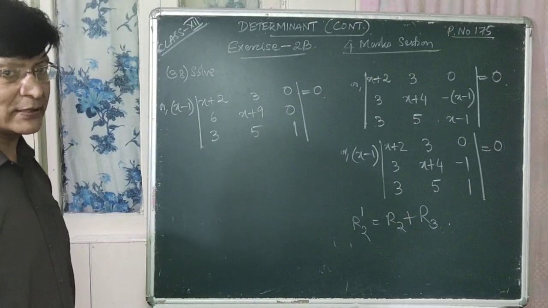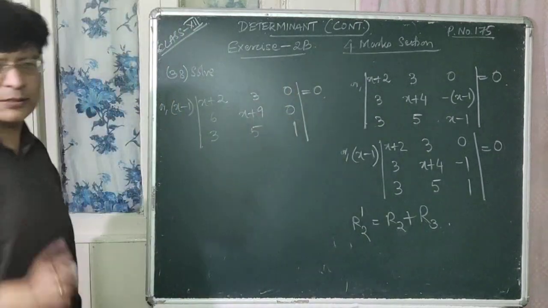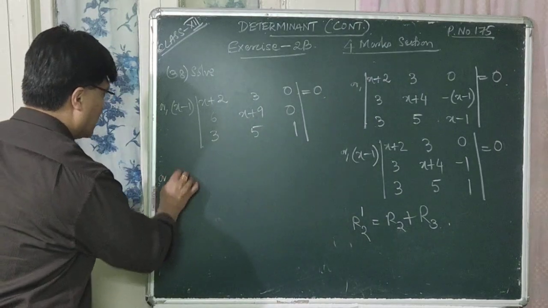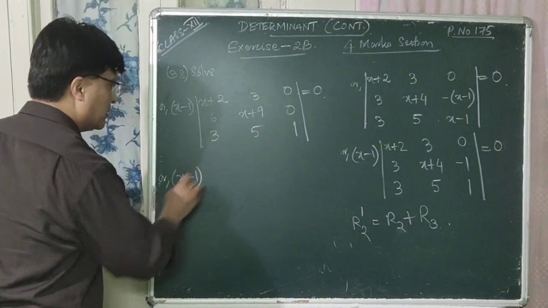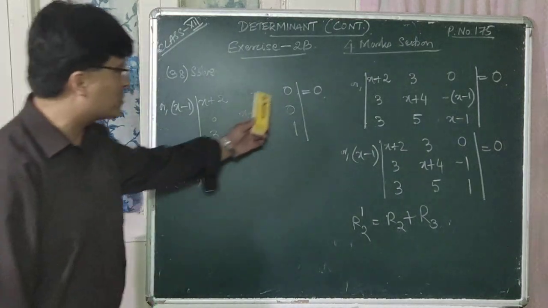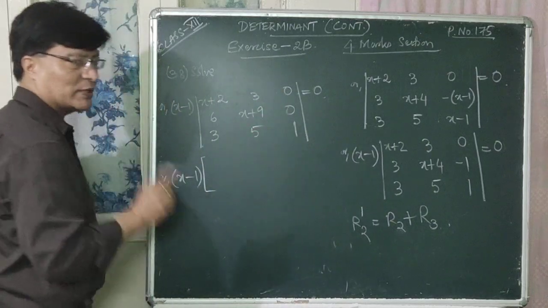Now let us simplify it. Let us expand it with respect to the third column, because the two elements here are 0, or x minus 1, right? So within third bracket, let us expand it with respect to the third column. So for the third column, which sign do I use?